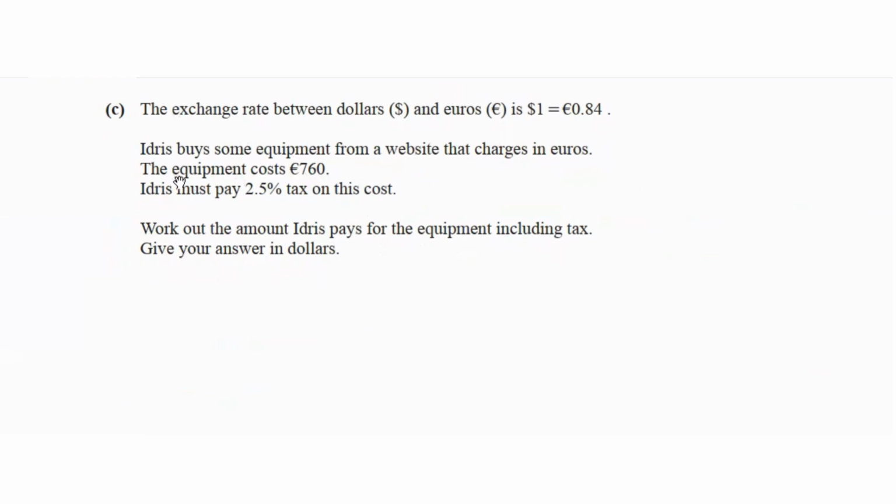So what we're going to do over here is that we know that $1 is this much euros. So 1 euro is going to be 1 over 0.84 dollars. So what I'm going to do is, first I'm going to find the 2.5% tax on 760.